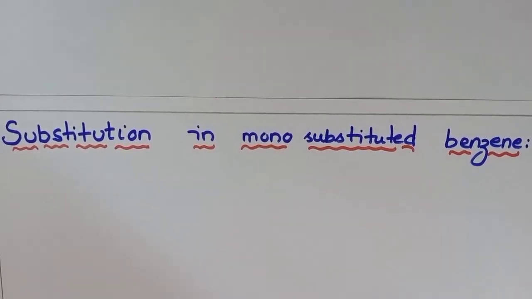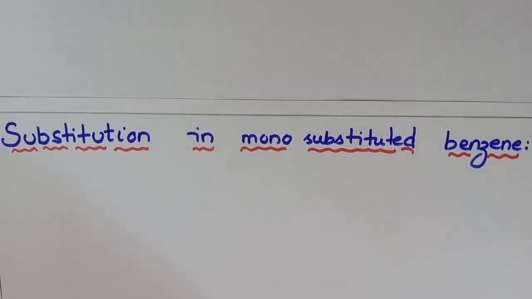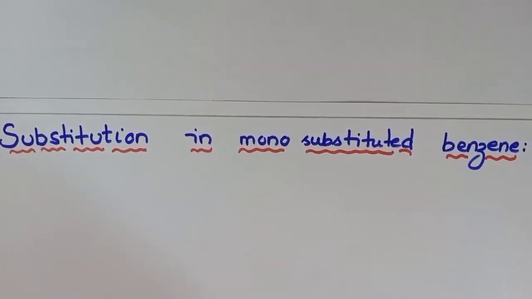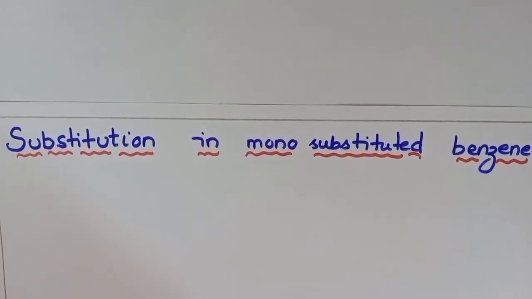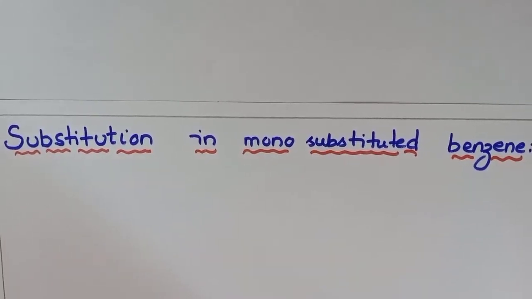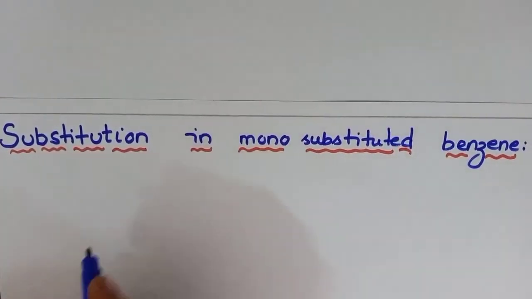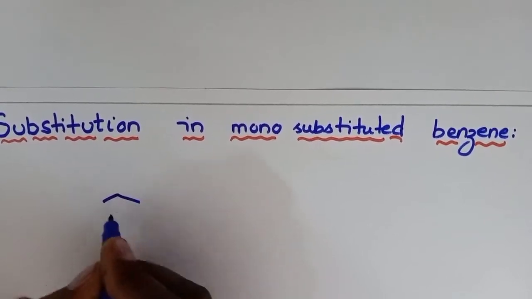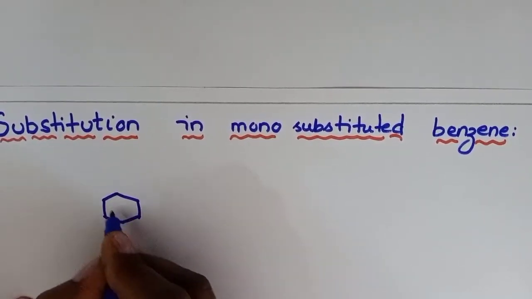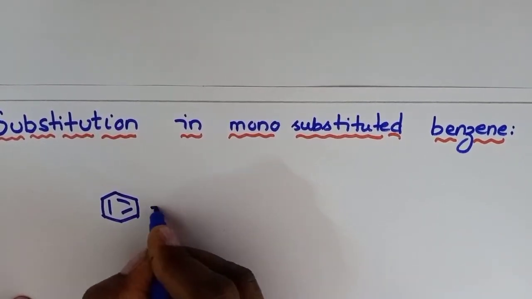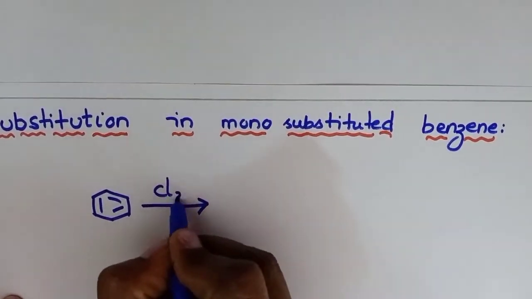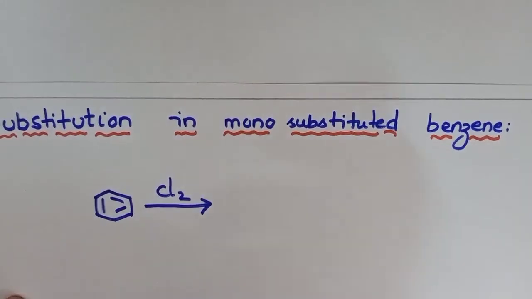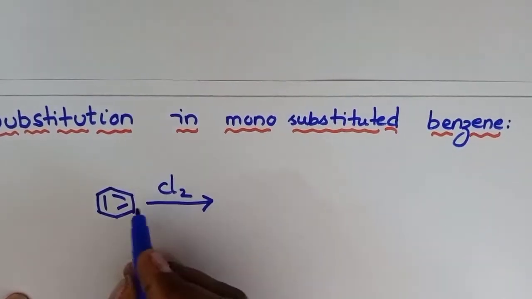Also, the formula of benzene, as you all know, is C6H6. That means each carbon has one hydrogen atom, and all the 6 hydrogens are alike. For example, if we take benzene and treat it with chlorine or bromine or any other halogen, then what happens?